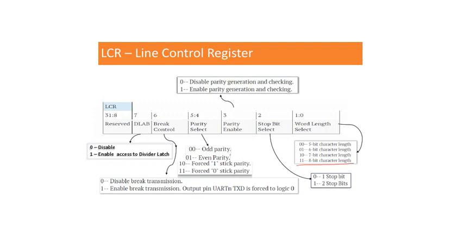Break control is 0, disabling break transmission, and initially we make the divisor latch access bit 1 to access the divider latch. Later we are going to reset it.